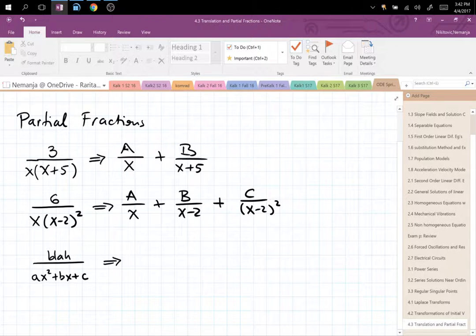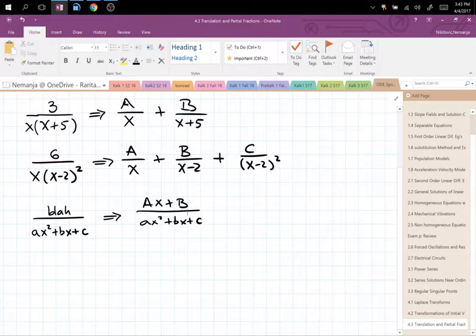The setup is, and let's multiply that by x, right? Linear term. The setup for this is ax plus b divided by ax squared plus bx plus c.